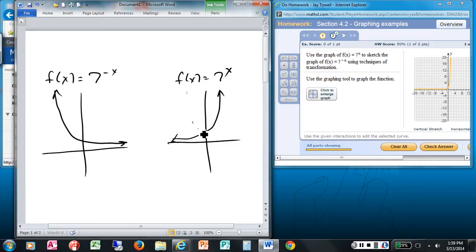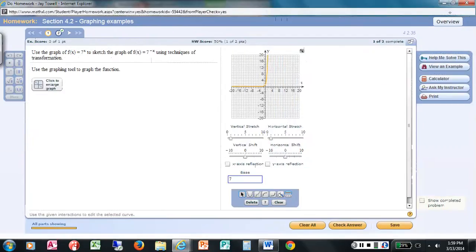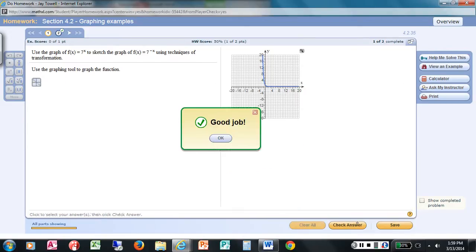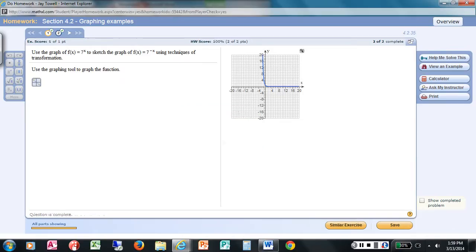So we reflected, flipped it around the y-axis there, and so that's how we get that entered in over here. We have a y-axis reflection of our 7 to the x. So 7 to the minus x, you put that in as a y-axis reflection, and that's about it. Okay? All right.